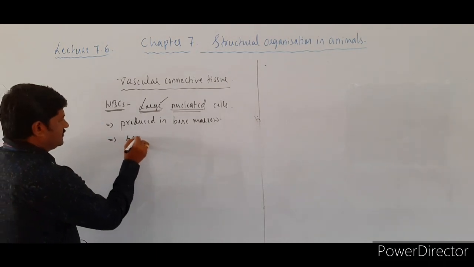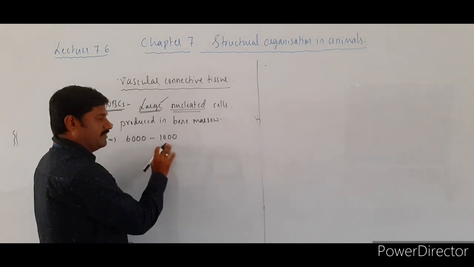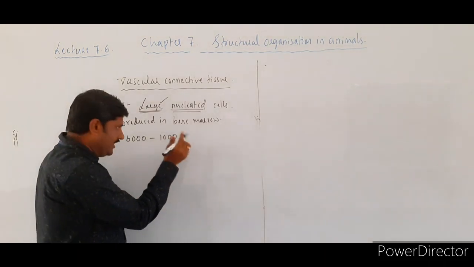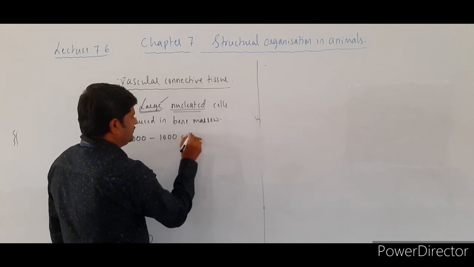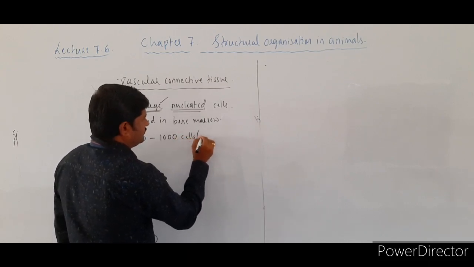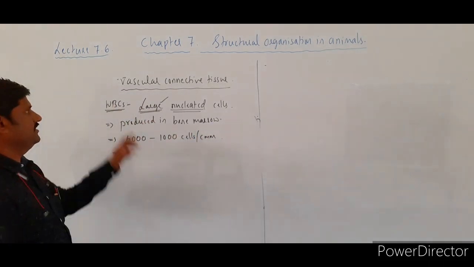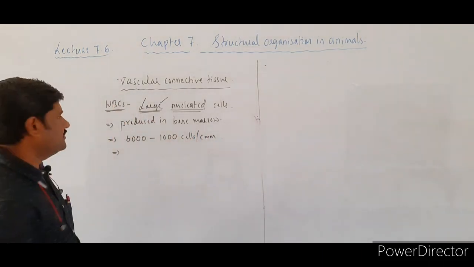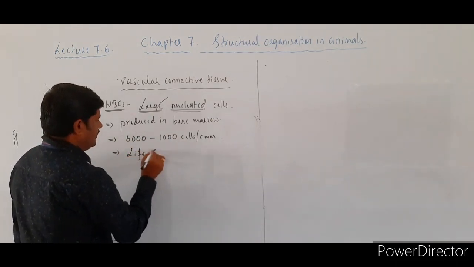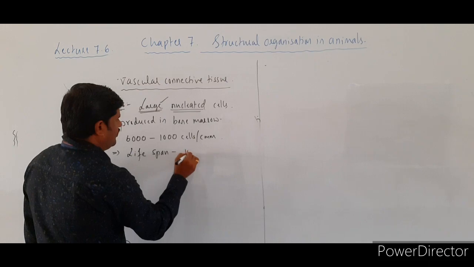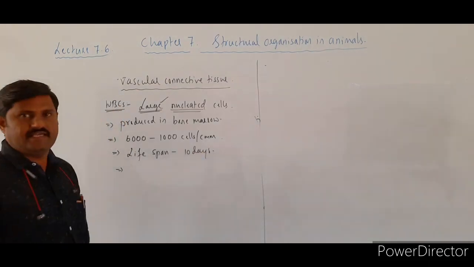These are about 6,000 to 10,000 in number, they are in thousands, not in millions, per cmm, right? So that many WBCs are there. Their lifespan is a little shorter, about 10 days.